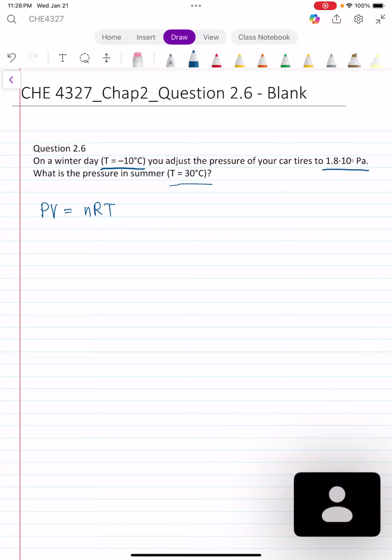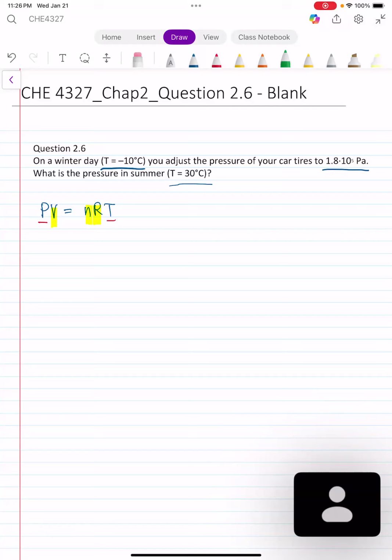It means when V and nR remain the same, meaning constant, P is going to be linearly proportional to T, temperature.